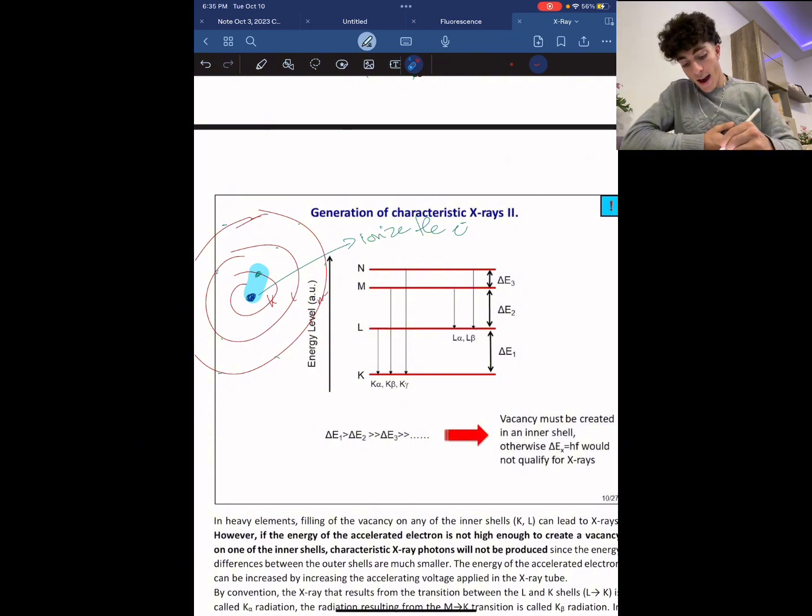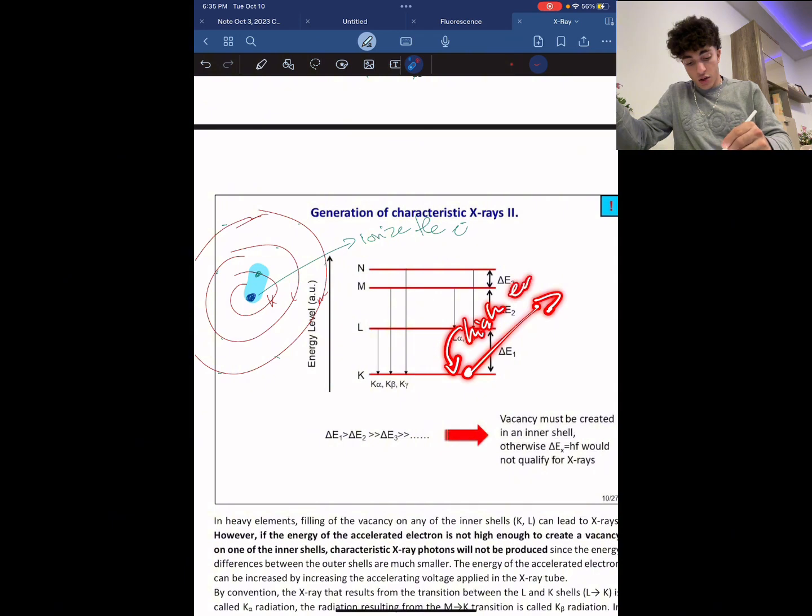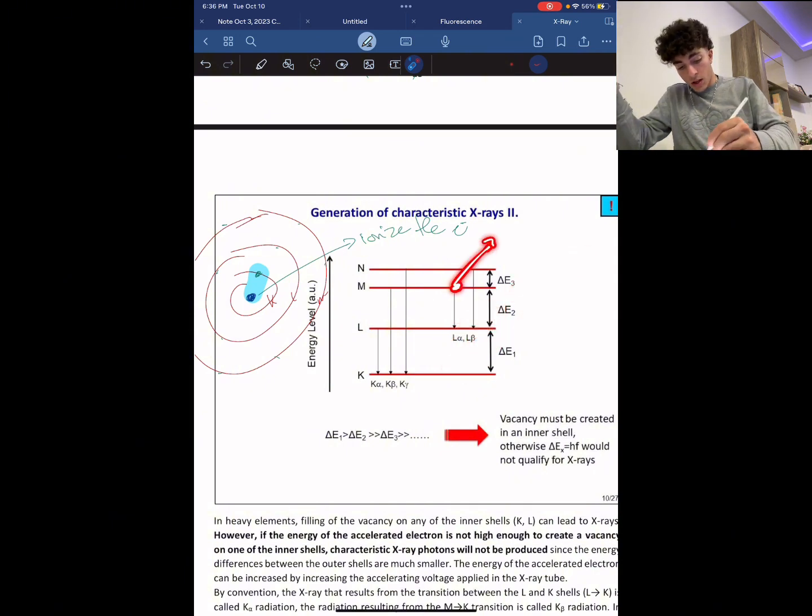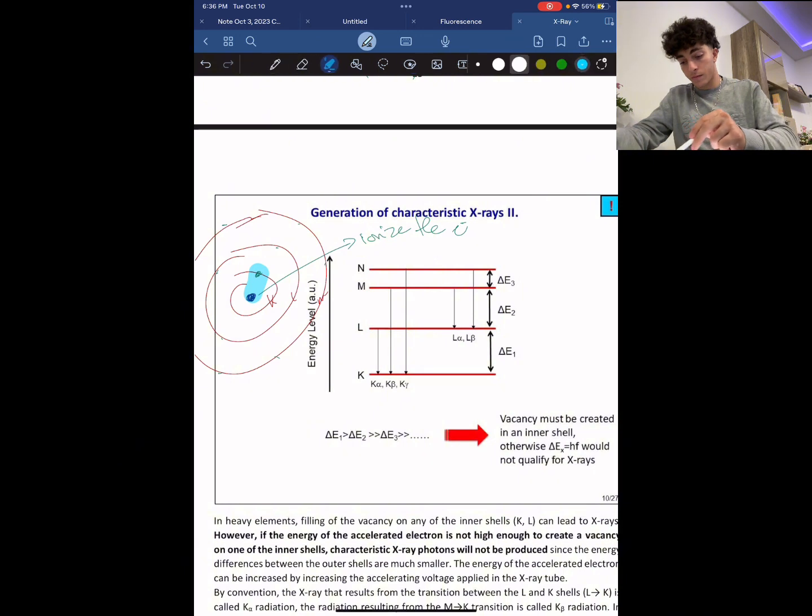That's why we have to create a vacancy. Okay, imagine this is an electron, it has to be ionized, right? It has to leave the atom for there to be a vacancy to emit this high energy. But, for example, if this happened in one of the outer shells, this drop is not significant enough to make an X-ray because it's not of high energy. Okay.